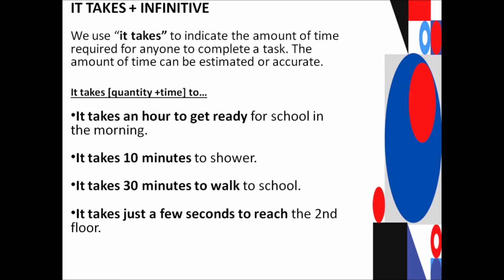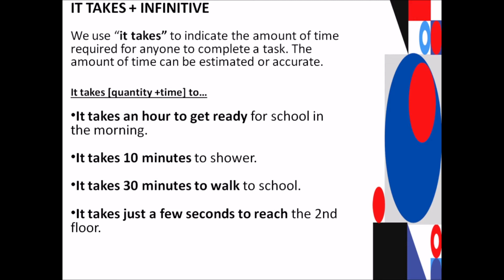It's really important that we put the quantity and the time, because that's the whole point of using "it takes." Okay, so I cannot say "it takes to get ready for school in the morning." It doesn't make sense, okay? So I need the quantity and the time. Second example: It takes 10 minutes to shower.